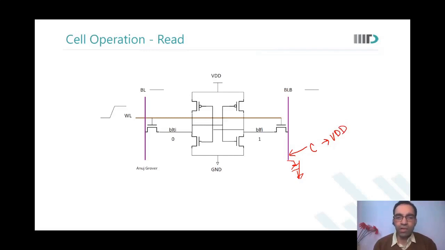When word line goes high, what happens? These NMOSs will turn on. These NMOSs are called access transistors. They will allow access to the contents inside the memory. And because there is a 0 written here, the charge would start to flow like this.